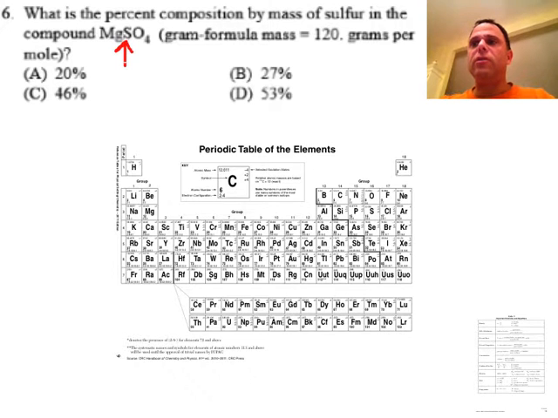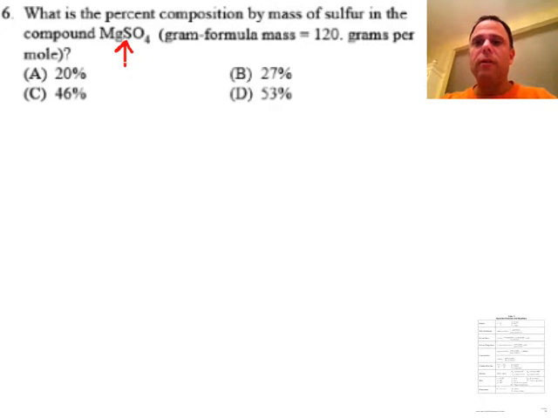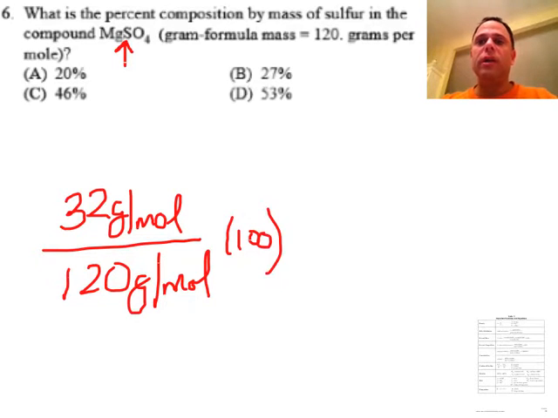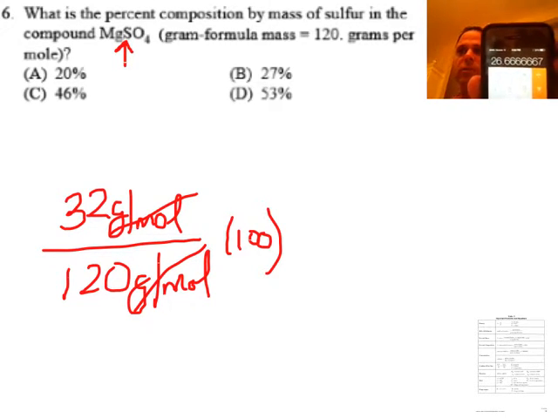So 32 grams per mole divided by 120 grams per mole times 100. Now the units cancel out, and let me do the 32 divided by 120 times 100, and there's the answer.